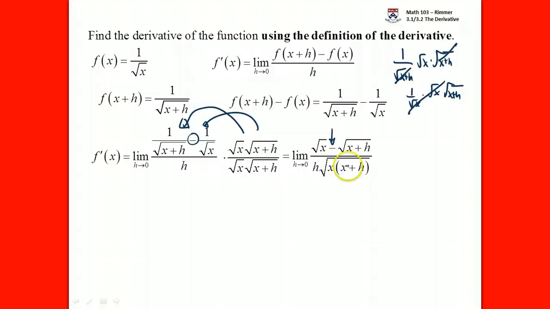Also, what I did down here in the denominator, whenever you have the root of something times another root of something else, you can make it one big root. It's not necessary that you do it like that, but that's what I did here. You could have left it as root x times root x plus h. But please don't try to think that you can cancel those. No, you can't.